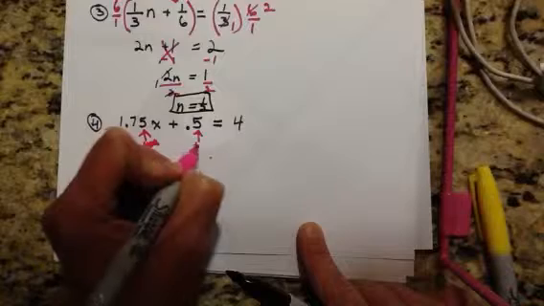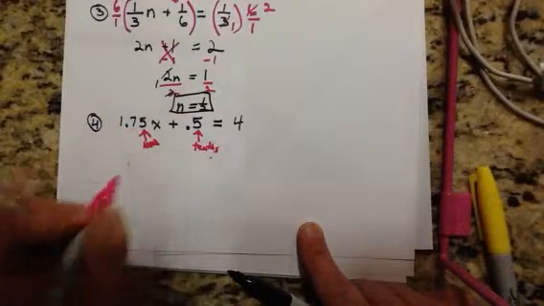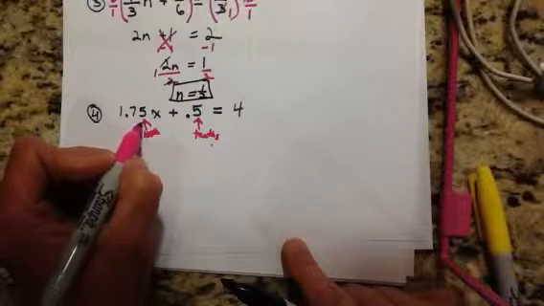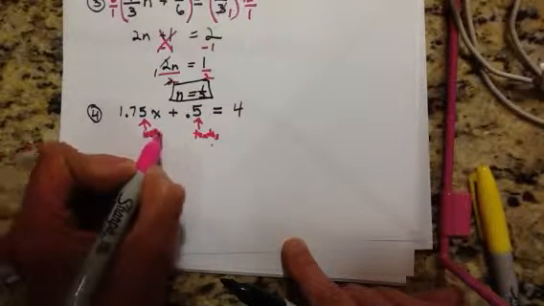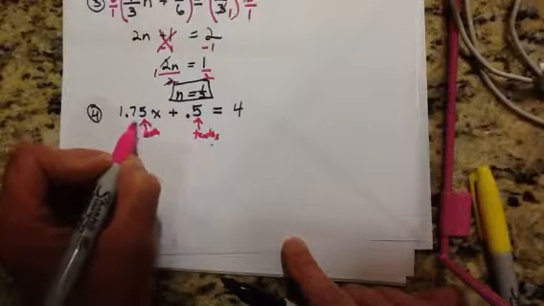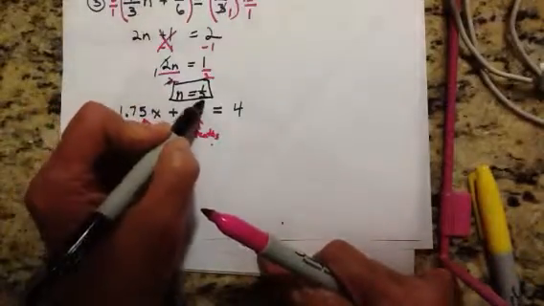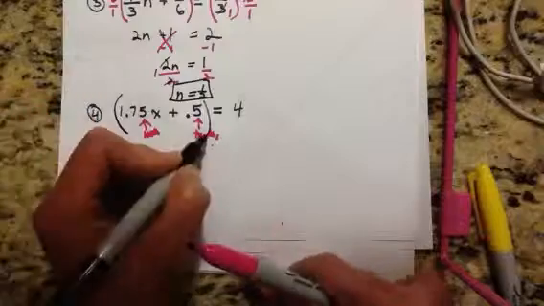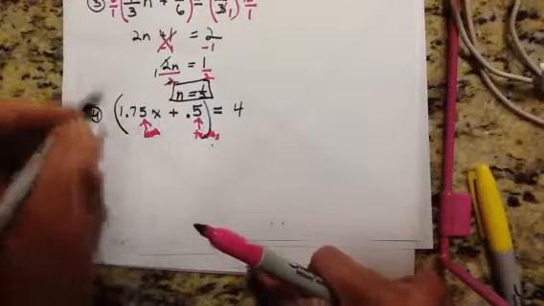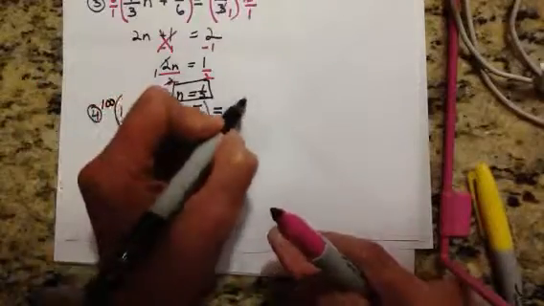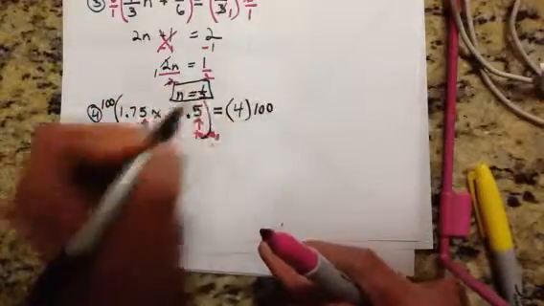That's tenths. So take the lowest place value, which would be hundredths, and multiply by its opposite, which is 100. So we didn't choose 10 because hundredths is lower. So we're going to multiply by the opposite, which is 100. Do that over here as well.